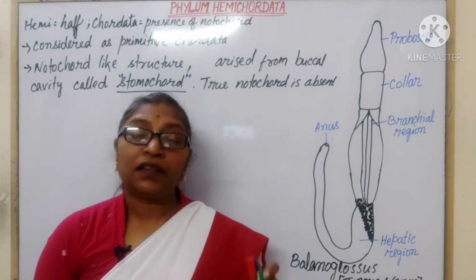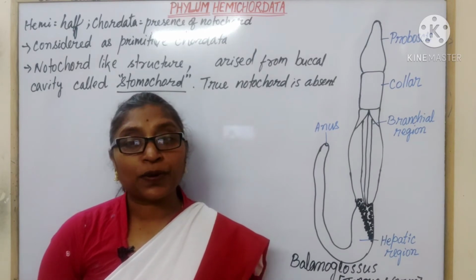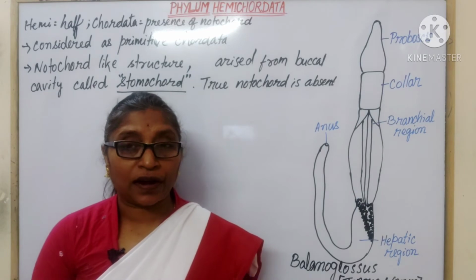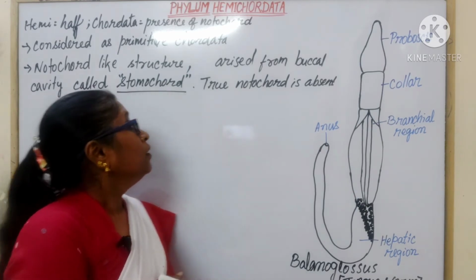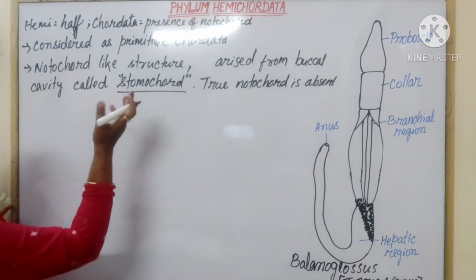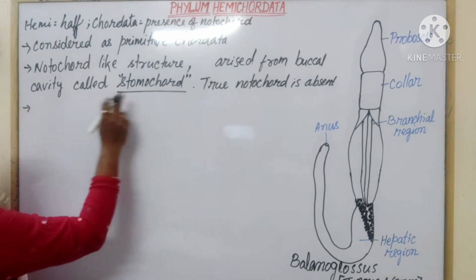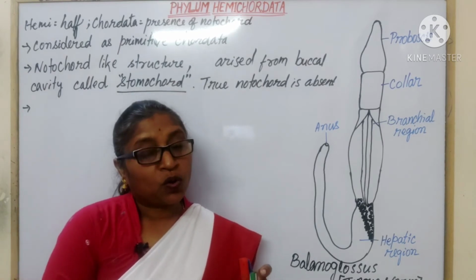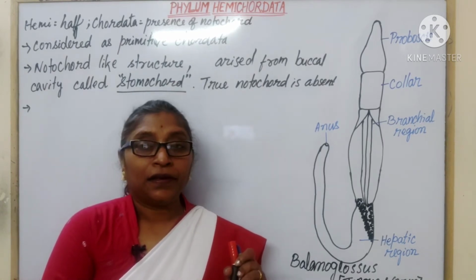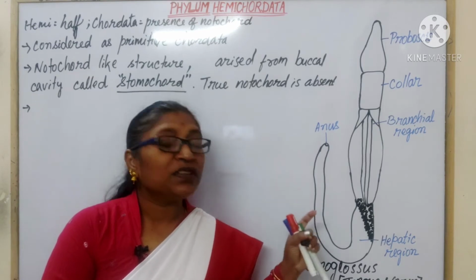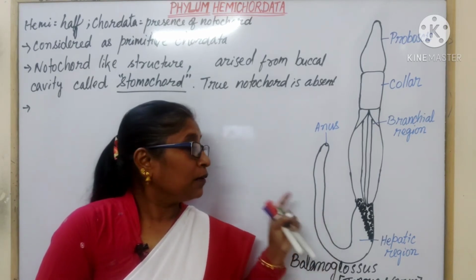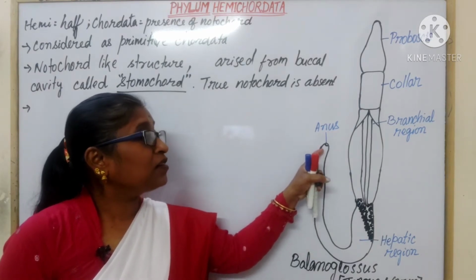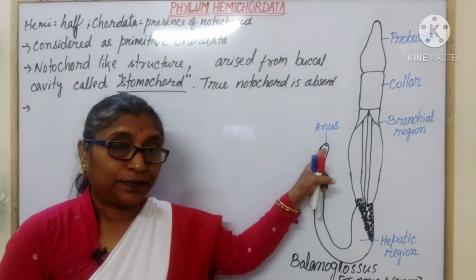But actually, these are not chordates, and that's why they are placed in a separate phylum Hemichordata. Hemi means half, chordata means, as I told, the presence of the notochord-like structure. They have some chordata-like characteristics, but these animals lack the post anal tail.